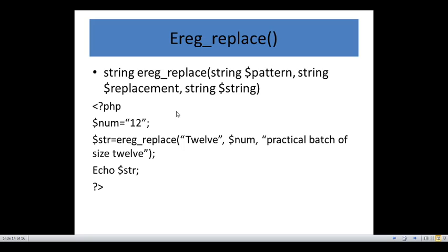Let's see one example. Here $num equals 12, $str equals ereg_replace, 12, and here is $num, in "Practical batch of size 12". So it will replace this num. Num is what? 12. What we want is to replace this 12 inside this string. So our output will be Practical batch of size 12. We are replacing this 12 with this $num.